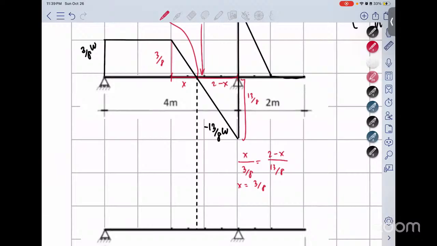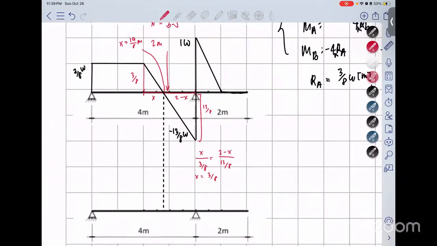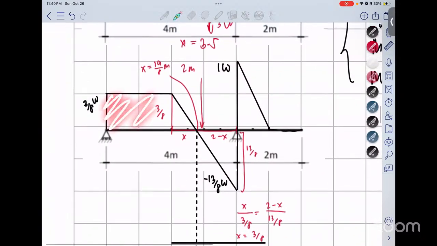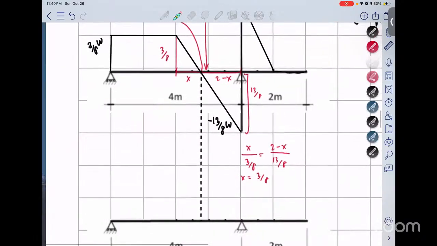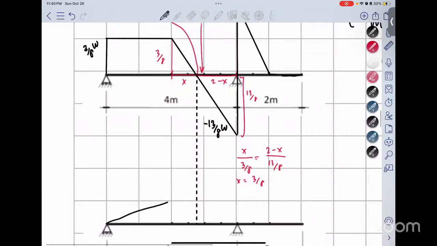All right, so now what I want to do next is just build the bending diagram. So start tayo with this area. It's 3/8 times 2, so we get 3/4. This is degree 0, so we expect that the moment diagram, the bending, is degree 2.